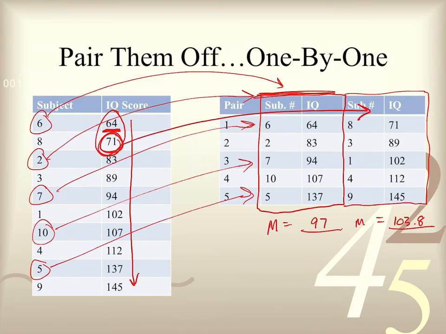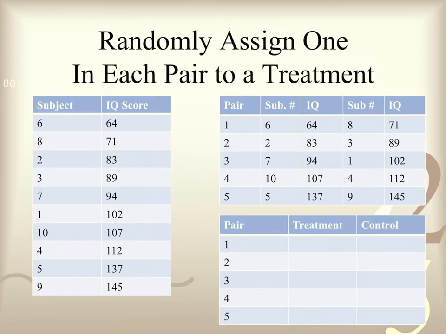So what we need to do now is to not let these groups stay groups. What we need to do is to randomly assign one person in each one of these pairs to treatment versus a control group. So now we flip our coin, and subject number 6 on the coin flip goes into the control group. So we put their partner, participant number 8, into the treatment group.